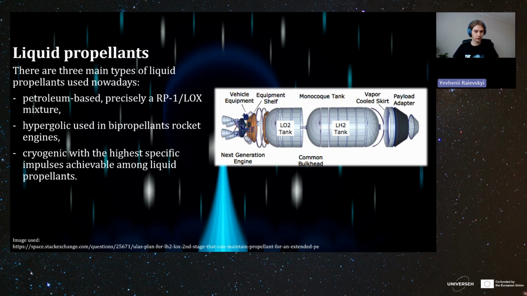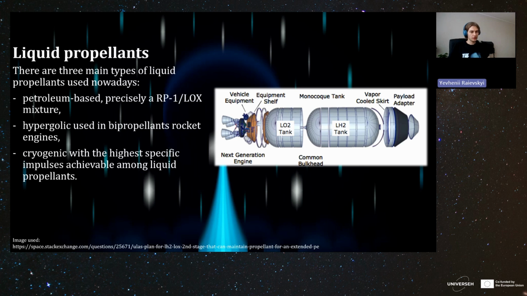And this is a very cool option, for example, to maneuver in space, because you can in an easy way move slightly right or left. The most used hypergolic propellants is monomethyl hydrazine, MMH, with nitrogen tetroxide, N2O4.